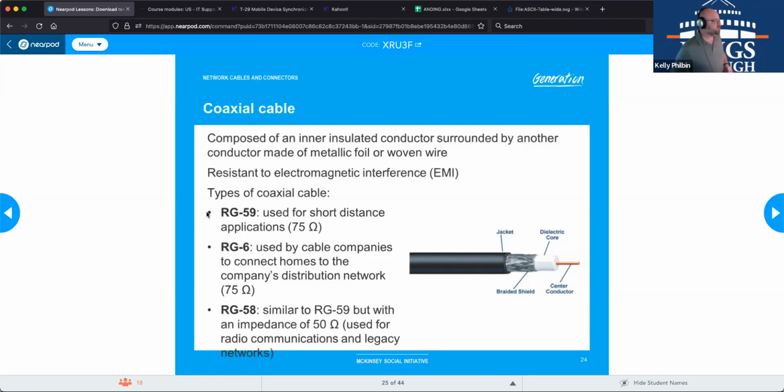There are 3 types we need to be aware of. You do not need to know the ohms. Don't worry about this. So, RG6 is typically used by the cable companies to connect your homes to the cable company.